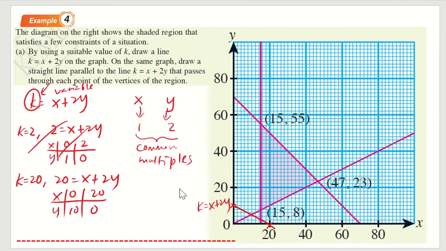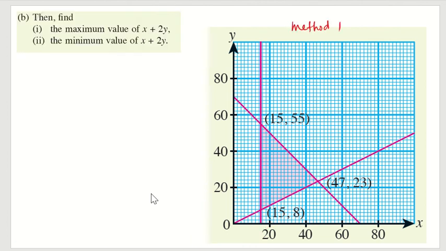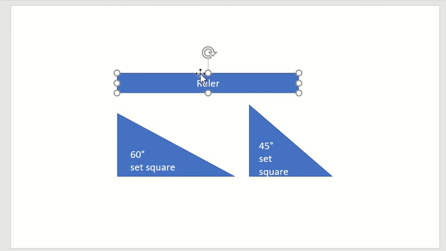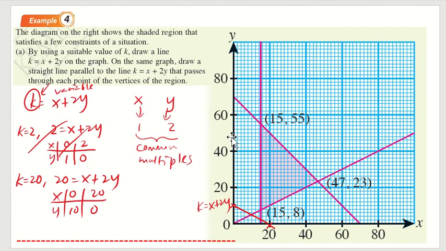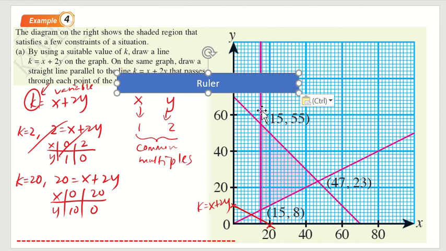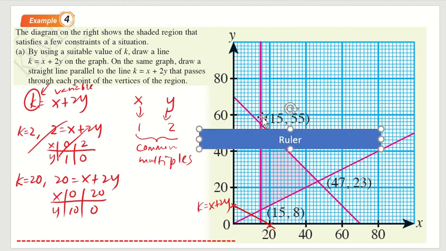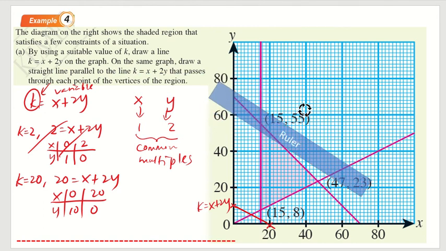So we're done already. Draw a straight line parallel to the line. This line is always parallel to x plus 2y. You know why? If you use a ruler, you put your ruler parallel with the straight line.